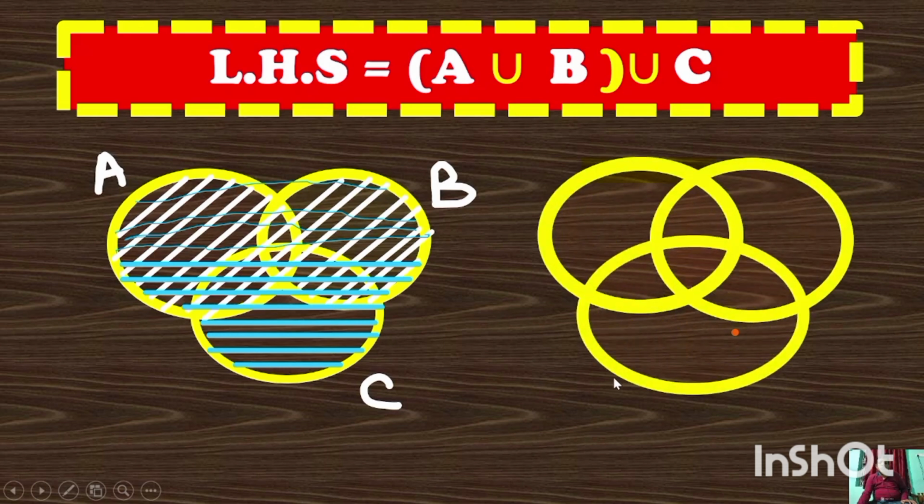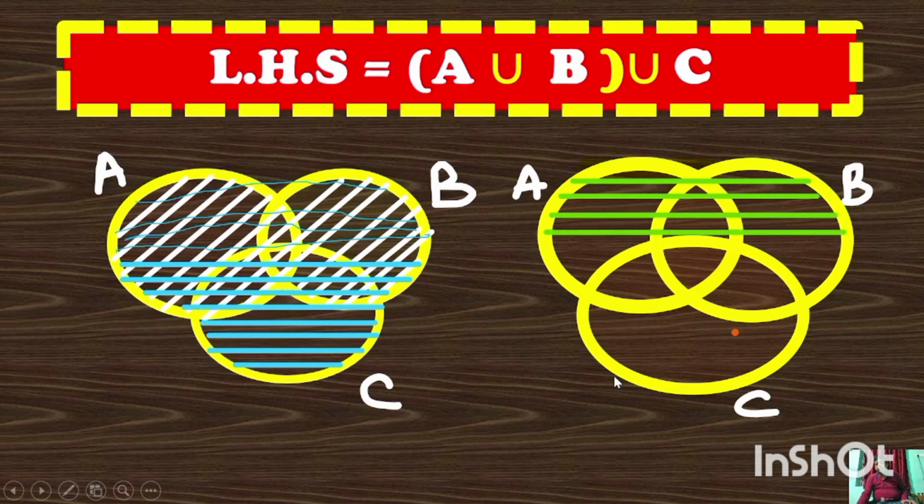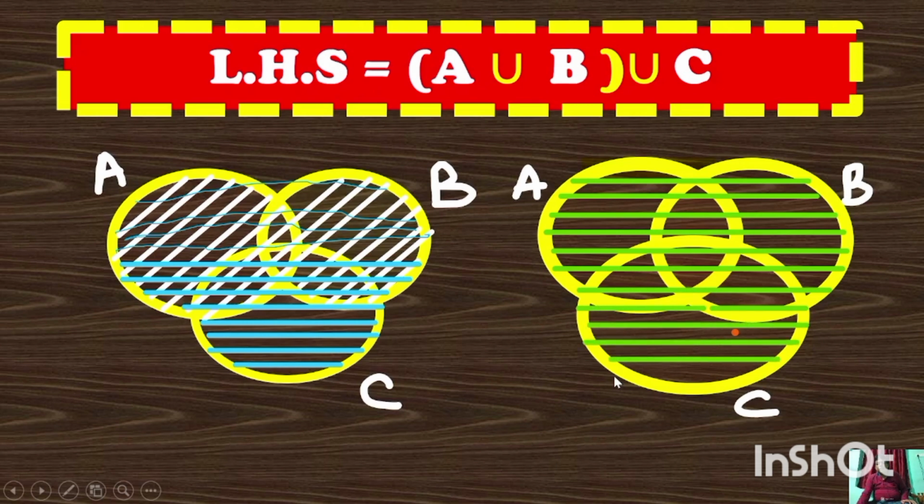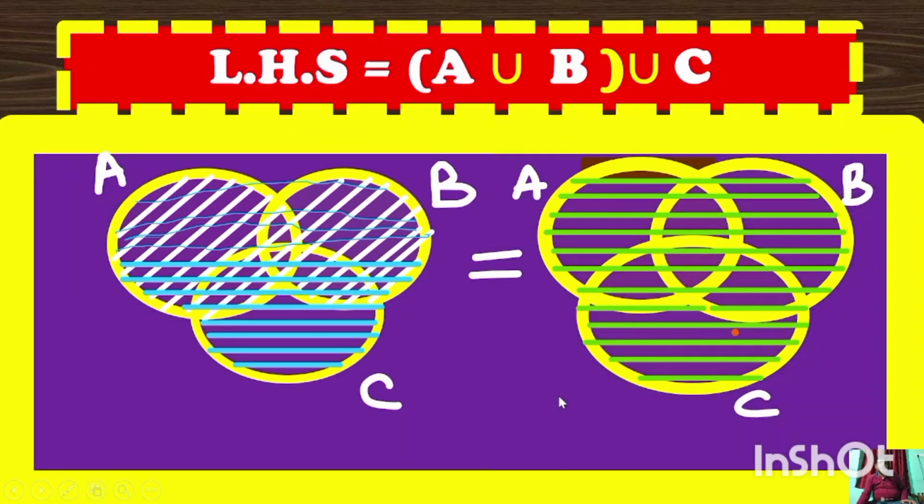You clearly understood the whole region of the three sets A, B, C, with the shaded portion of C. This is the whole A union B union C. Look at the interesting Venn diagram for you. And now we shall get the RHS.